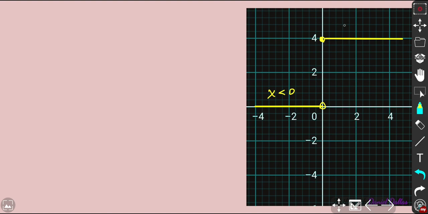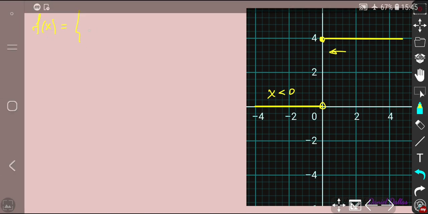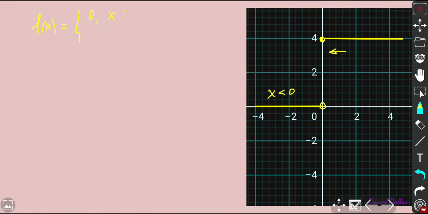If we want to investigate our function f(x), which is set up as 0 for x less than 0 and as 4 for x more than or equal to 0, we can explore the concepts of limits from the left-hand and right-hand side. So this is the right-hand limit, and obviously x tends to 0 from values a little above 0 itself. We understand that f(x) in this case tends to 4.